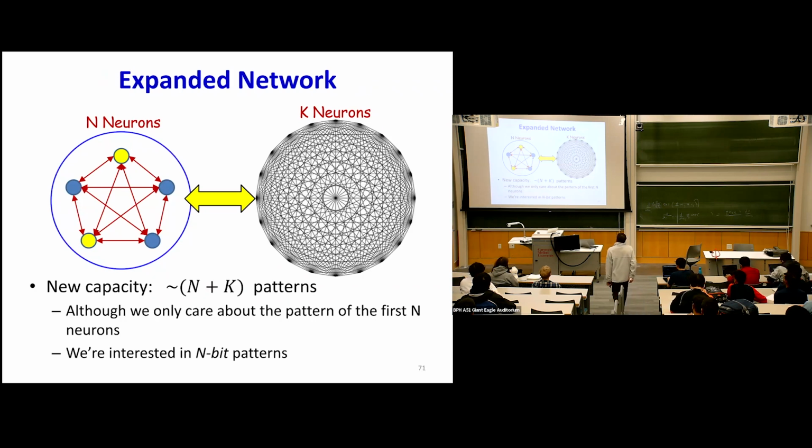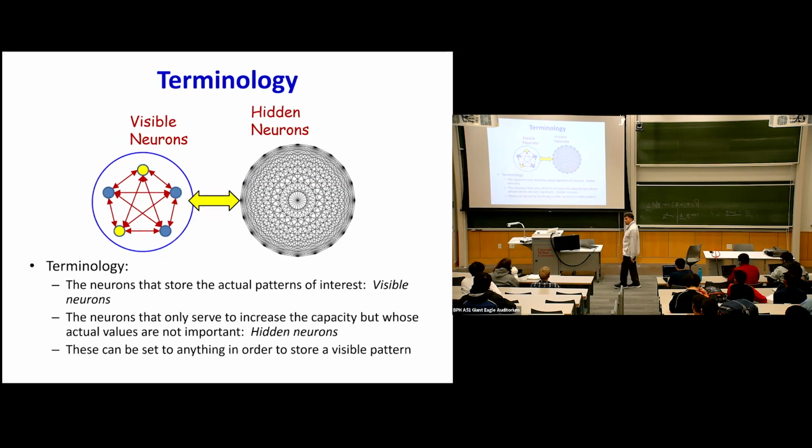So if I augment my n-bit data with k bits, I end up with a network which has n plus k neurons, and the capacity of the network is n plus k. Although we only care about the pattern of the first n neurons, right? Because we're storing n-bit patterns. And so this was the terminology.